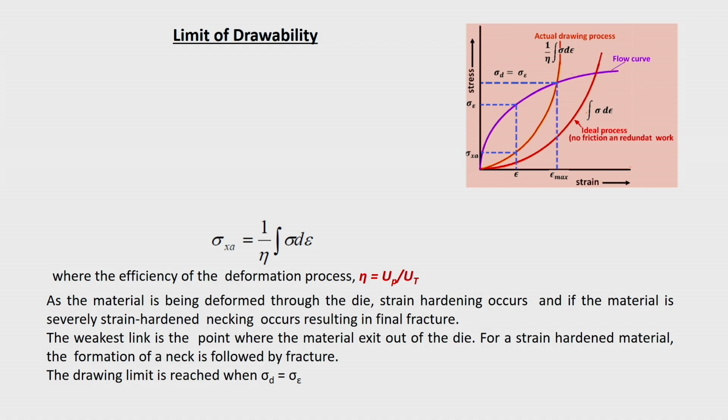Now, we found that there is an optimum die angle for this. We have also arrived at different relationships for the limit of drawability for the draw stress. Most real materials follow different models, maybe perfectly elastic and perfectly plastic, then elastic plastic, elastic work hardening.